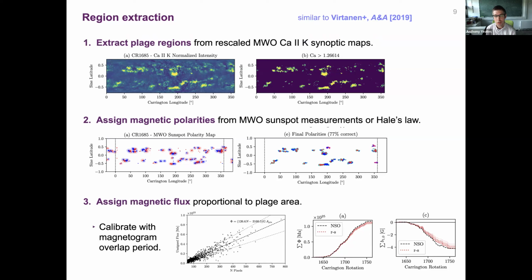It's certainly true that we're going to be missing some of the regions. I can compare my reconstruction with the real magnetograms in the period where we have magnetograms, and you use that to set the amount of magnetic flux. So in some sense, I have calibrated it to synoptic magnetograms.